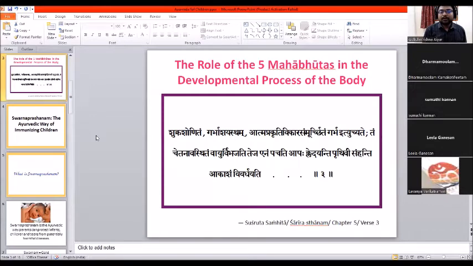Ayurveda says that there are 7 systems of body tissues. The second system of body tissues is rakta dhatu.